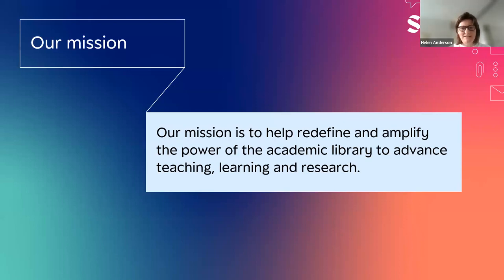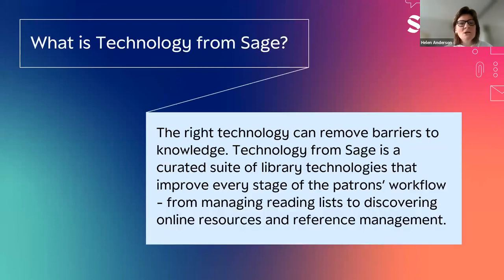We place the academic library right at the centre of our strategy and support our customers as they increase the library profile throughout the institution, making library activity more visible to the educational and institutional management. So we really do believe that the right technology can remove barriers to knowledge, and we know the challenge that everyone's facing around delivering content to students, and how we can do it better, how we can improve delivery and make resources more available and more accessible.